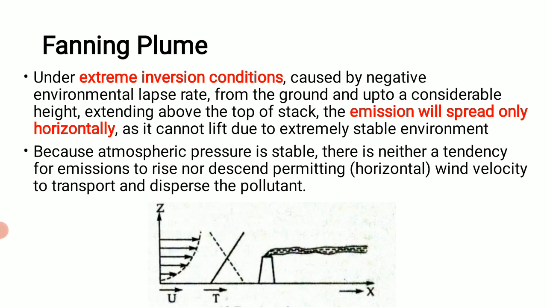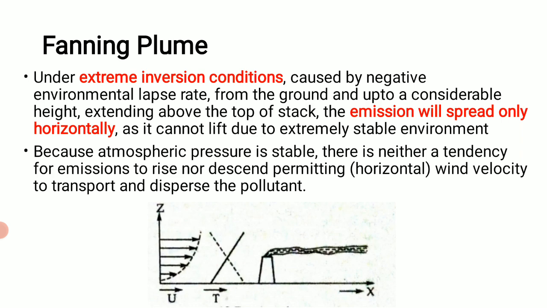So here, when an extreme inversion condition is existing, the effluent will spread only horizontally, so it cannot lift up. Due to extreme inversion condition, the pollutants cannot lift upwards, but instead will be dispersed horizontally.